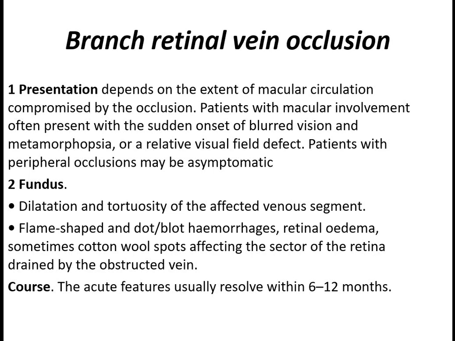The posterior pole has flame-shaped hemorrhage and tortuosity. There's dilatation and tortuosity only in the affected venous segment. The flame-shaped hemorrhage, dot and blot hemorrhage, retinal edema, cotton wool spots are all present in the sector of the retina that is supplied by the obstructed vein. The acute features usually resolve within 6 to 12 months.